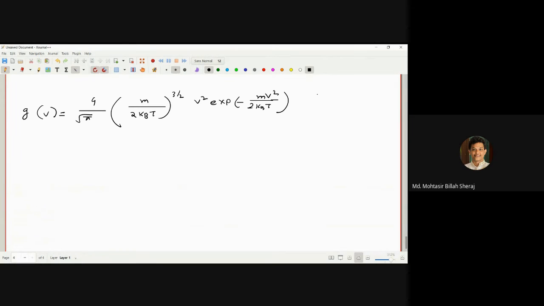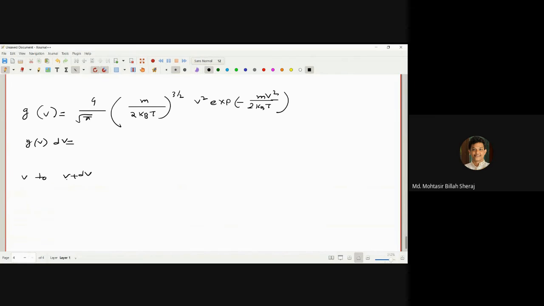Now if you multiply this by dv, you will get g(v) dv. What is this? This is the number of molecules within the interval v to v plus dv.